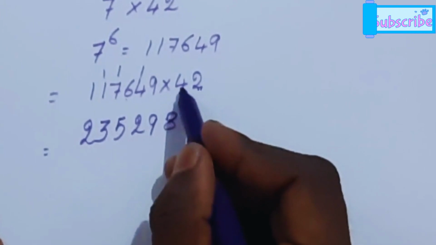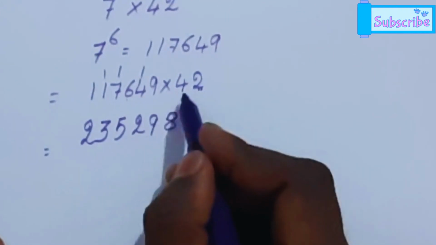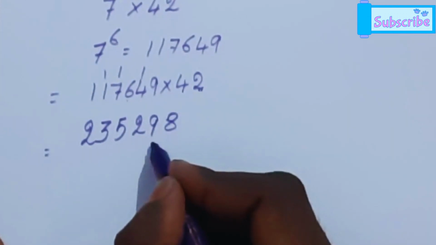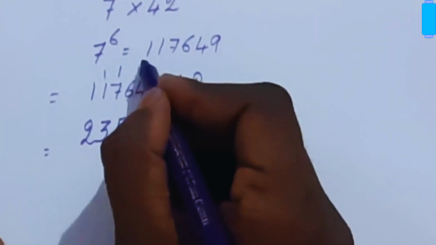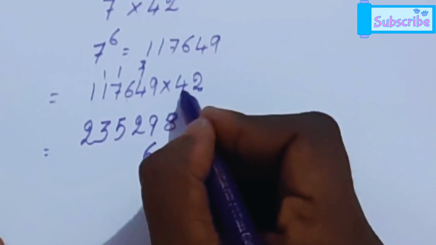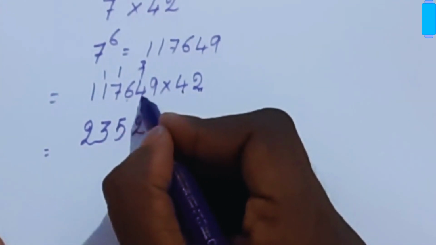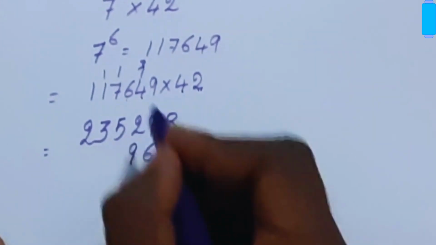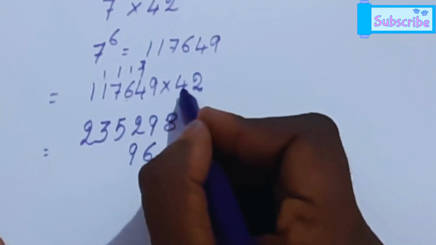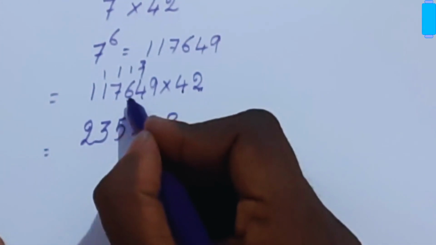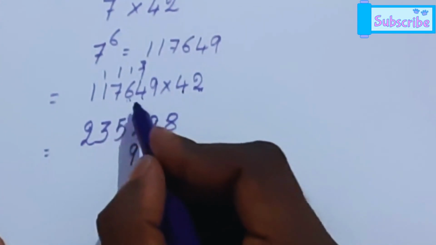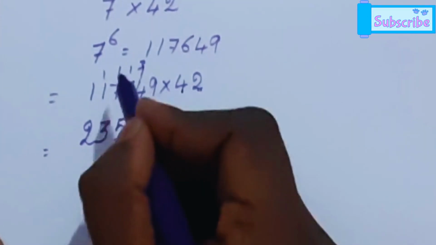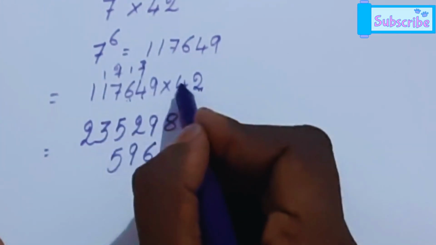Now same way we are going to multiply with this 4. This 4 times 9 is 36, 6. Here it is 4 times 4 is 16 plus 3 is 9. Here 1. 4 times 6 is 24 plus 1 is 5. Here it is 2.